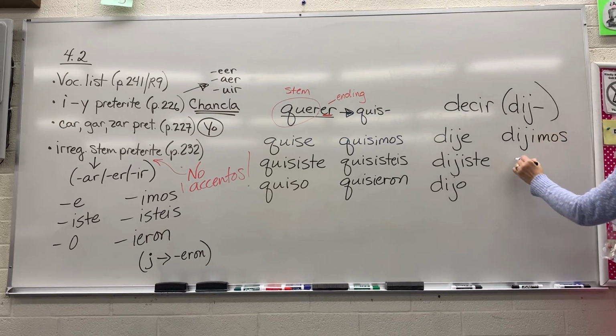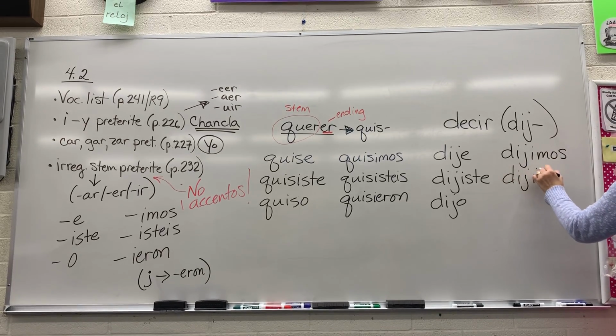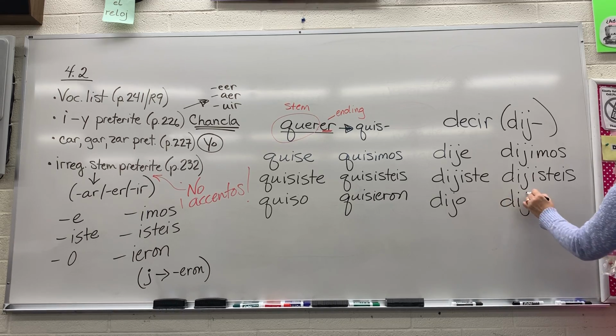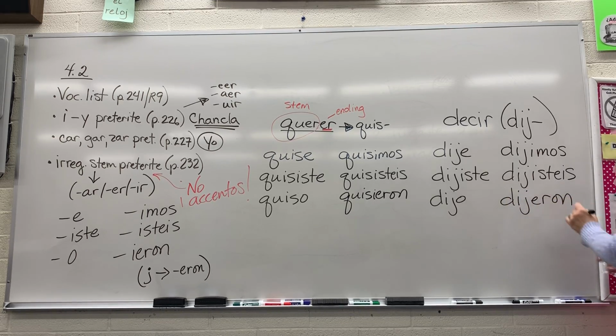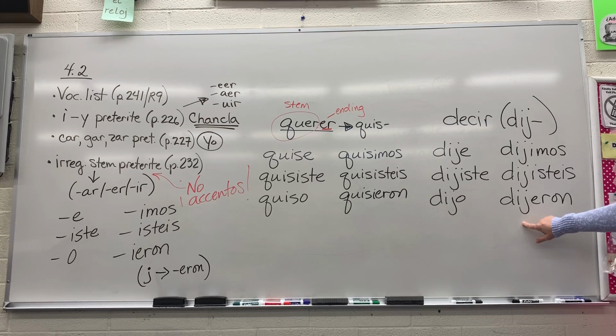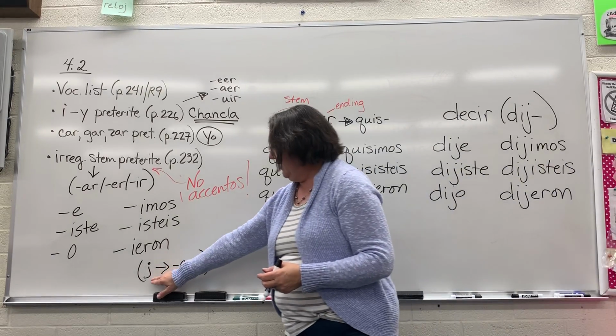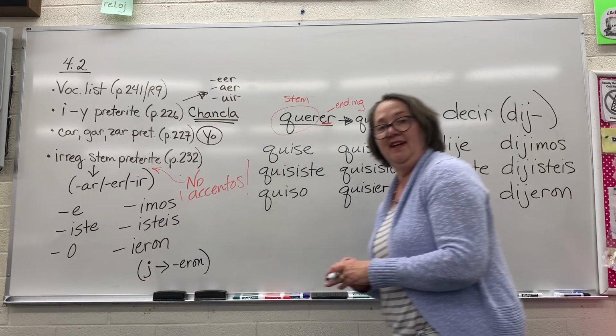Lots of dots on that one. Okay. Dijisteis and dijeron. So you could think of it as the J takes the place of the I. So if you have a J, then you don't need that I, okay?